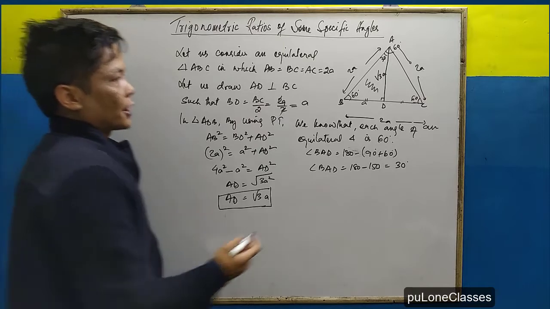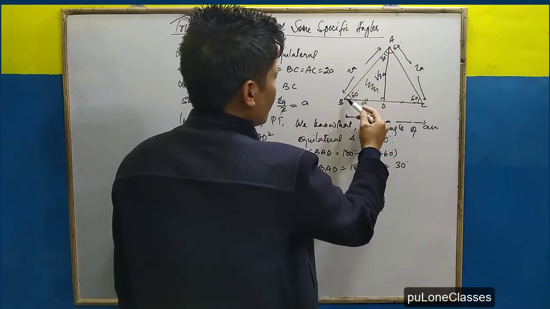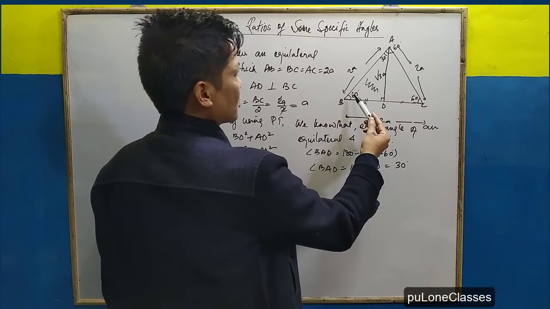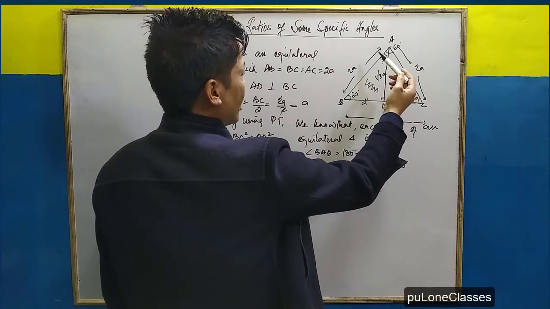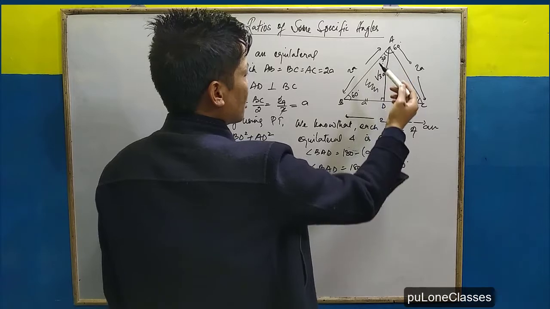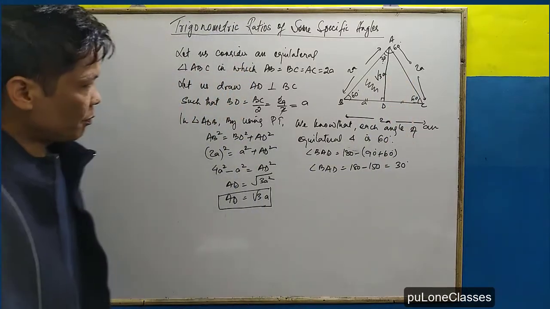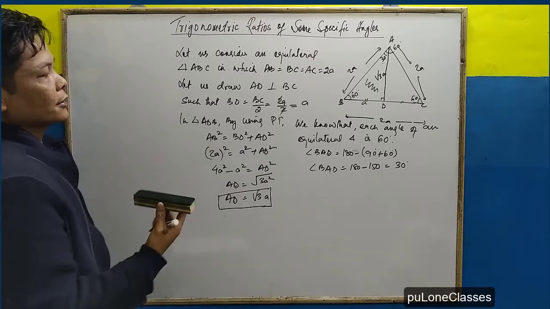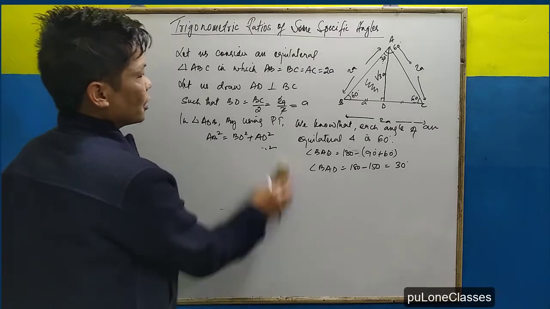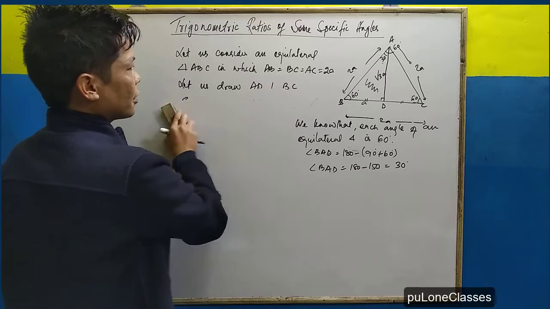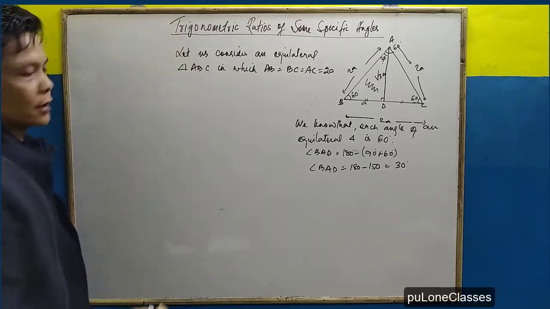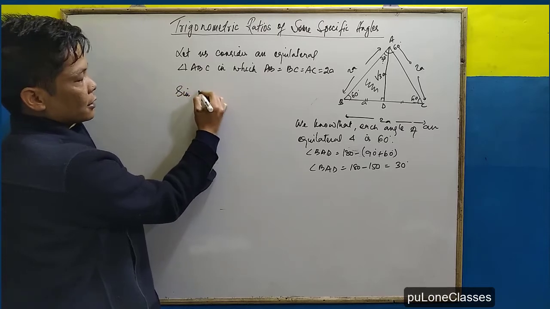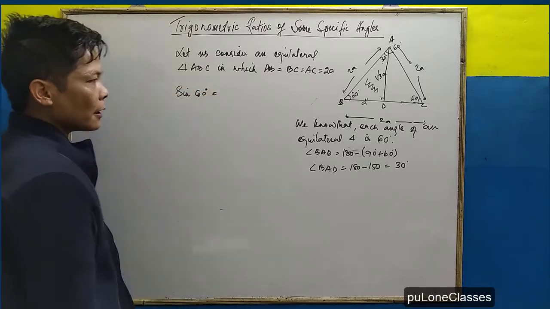Now from this triangle ADB, we can find out the values of sine 60, cos 60, tan 60, and sine 30, cos 30, and tan 30 by applying the formulas of sine, cos, and tan. So let us see how we can find the values. First let us find out the value of sin 60 degrees.